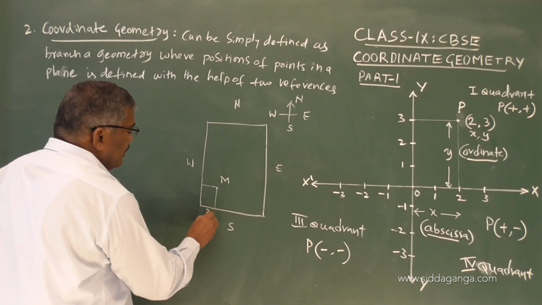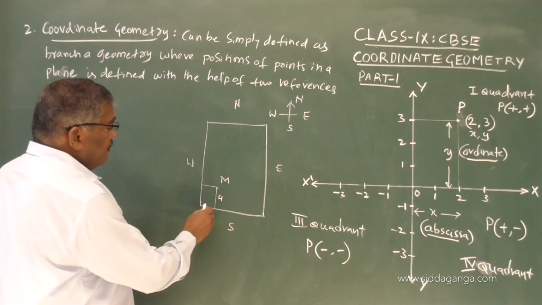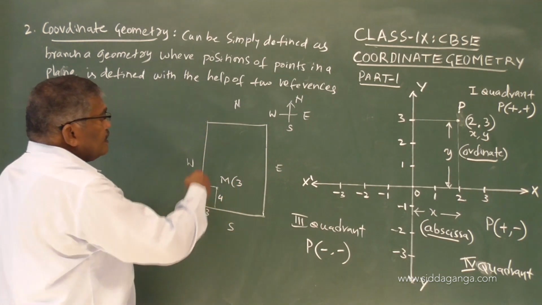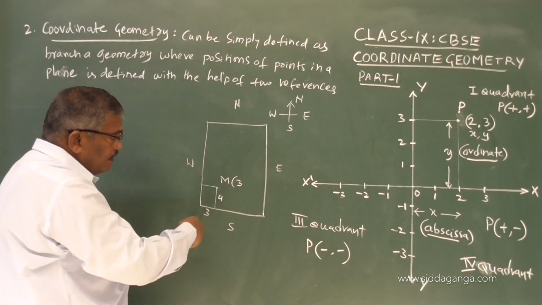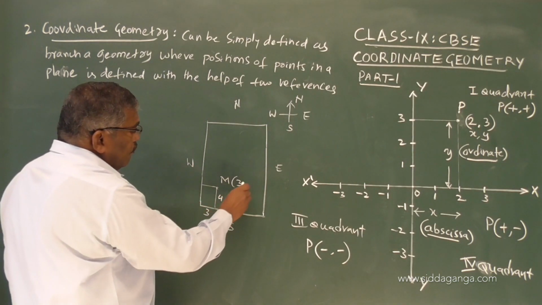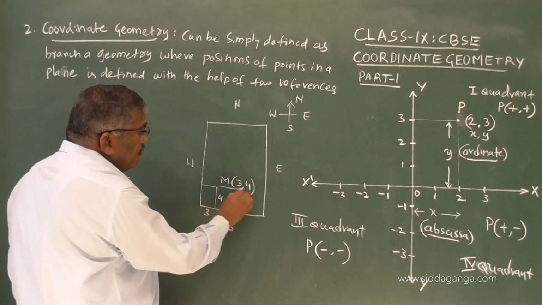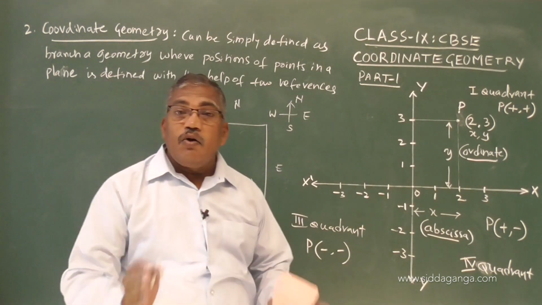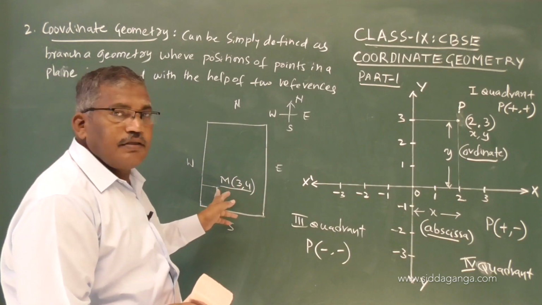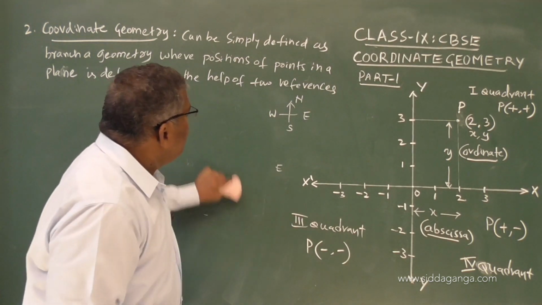If this is 3 meters, let us say, and this is 4 meters, then we say this M is 3 meters away from the western boundary and 4 meters away from the southern boundary. So we call this M34. The mango tree is at location 34. So it gives an exact idea where the tree exists. This is the advantage of coordinate geometry.